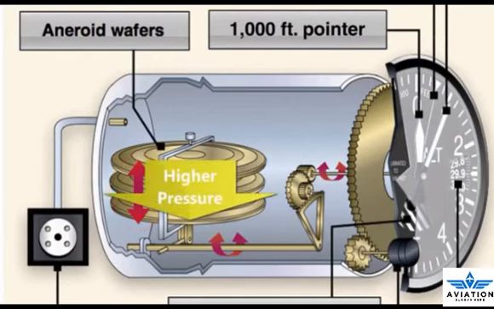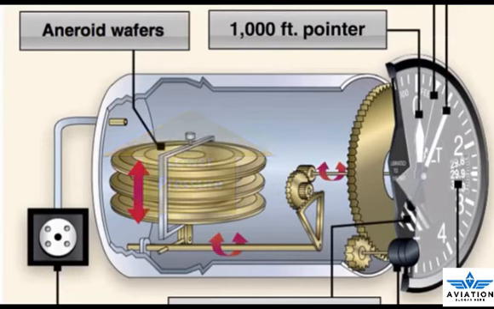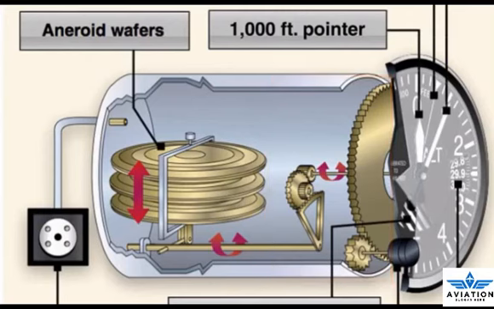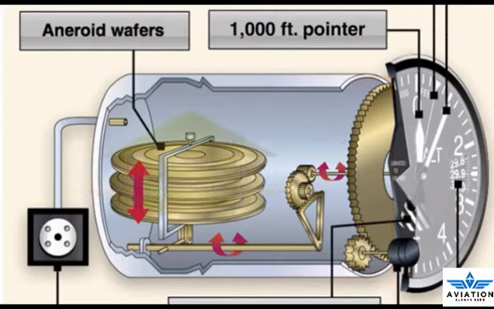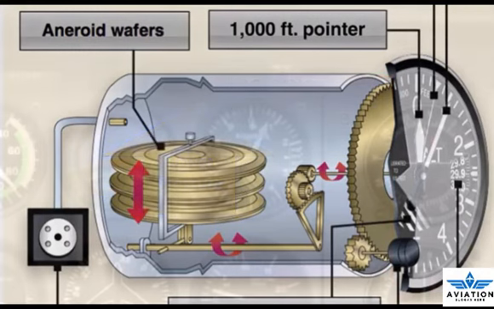A higher static pressure presses down on the wafers and causes them to collapse. A lower static pressure allows the wafers to expand. A mechanical linkage connects the wafer movement to the needles on the indicator face, which translates compression of the wafers into a decrease in altitude and translates an expansion of the wafers into an increase in altitude.